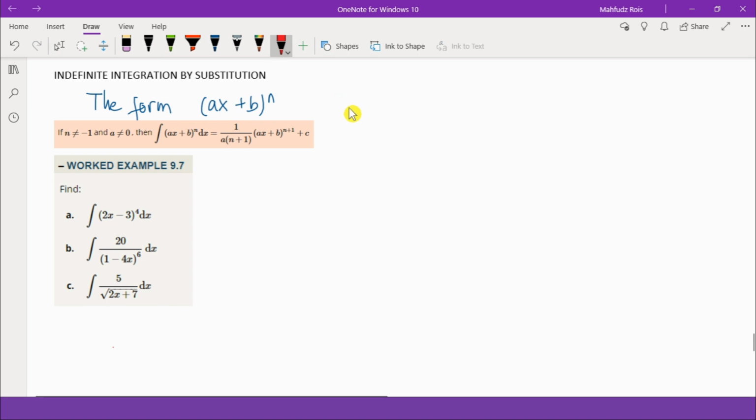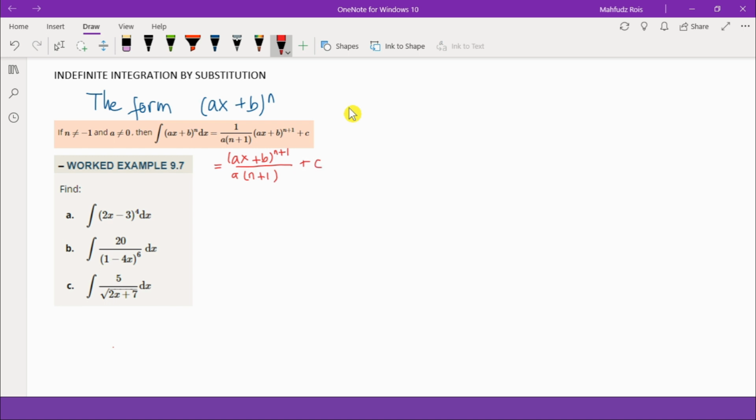Alright, so this one we can simplify as (ax + b) to the n + 1 over a(n + 1), plus c, right?